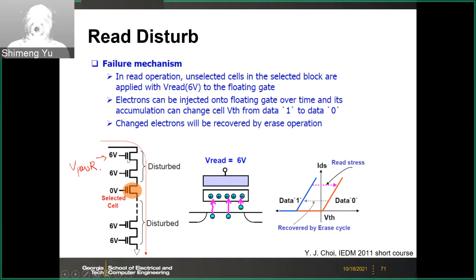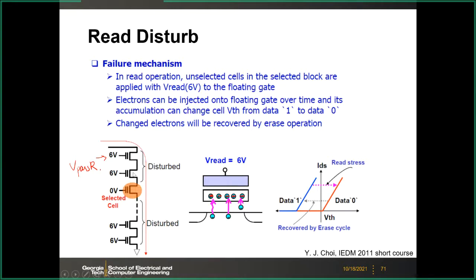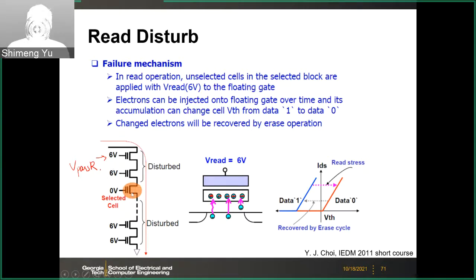So for the unselected cells, you will have like 6 volts on that. It's not that large, but if you keep doing so, there's still more probability for electrons to tunnel through. So if you keep doing read on the other word lines, the unselected word lines may suffer from the read disturb.